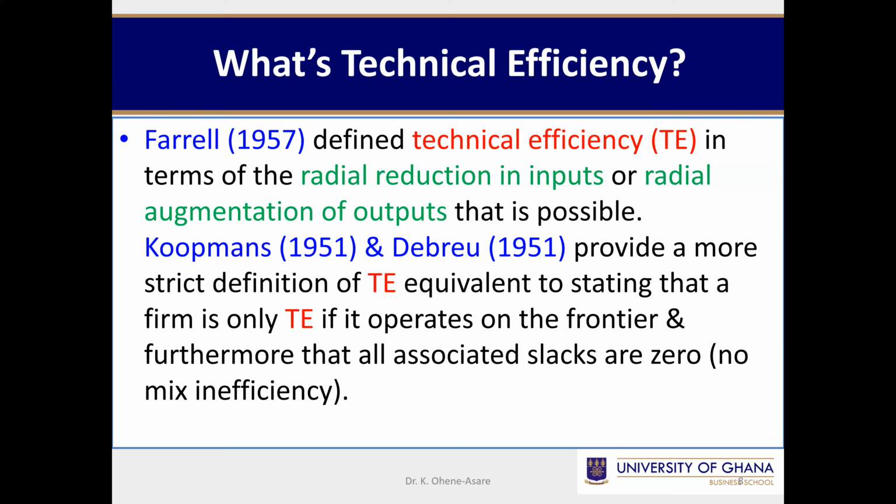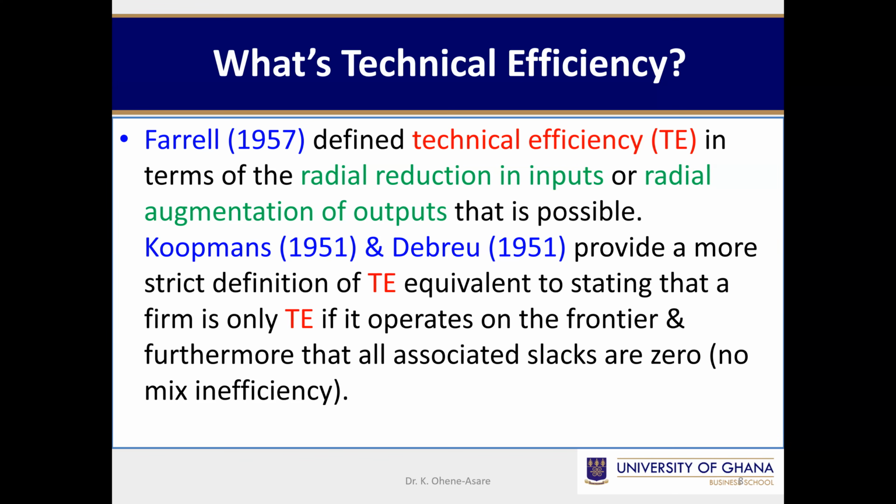But then in that case, why was the firm still efficient? Because that efficiency was calculated under the principle of Farrell efficiency. What the Koopmans and Debreu efficiency does is that it incorporates the slacks. So in this case, we will punish this firm for not fully utilizing all the inputs, okay?